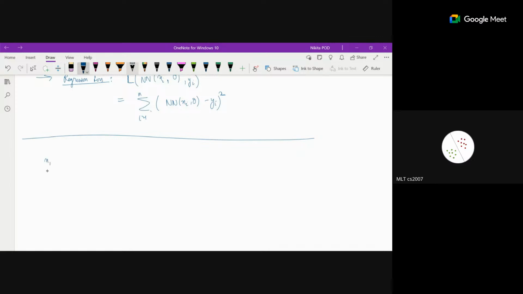You have all these data points, x1, x2 up to xd, and let's suppose you have many hidden layers. So let's say layer 1 has some neurons, layer 2 has some neurons. They need not be equal in number. They may be different. You may have many layers, maybe some m layers.